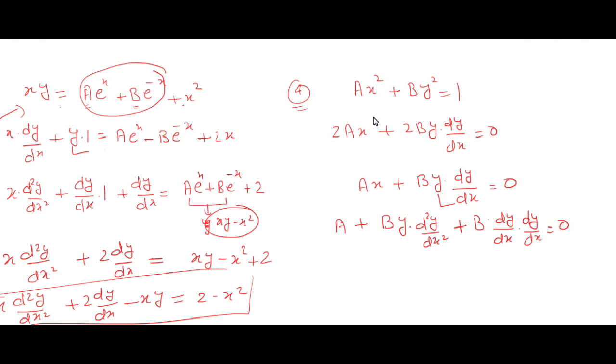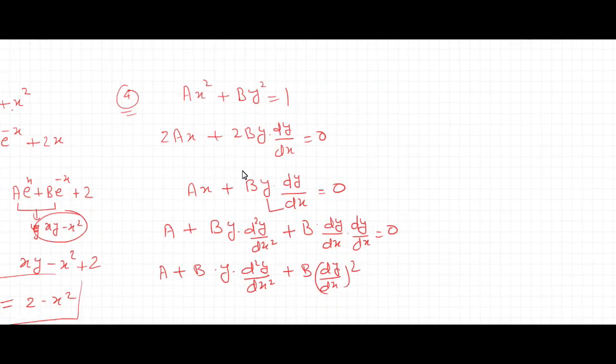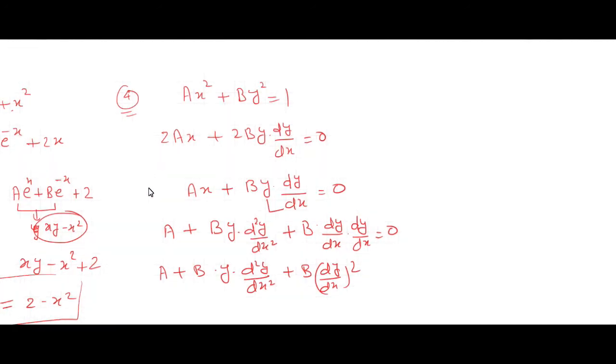You have to again differentiate this equation. First you will write this in a more simplified way. You will have a plus b into y d2y by dx square plus b into dy by dx whole square. After writing this in a more simplified way, you will again differentiate this equation so you can remove the terms a and b.